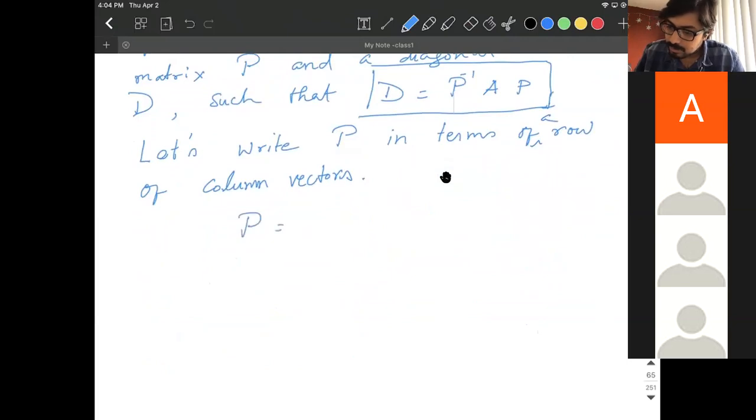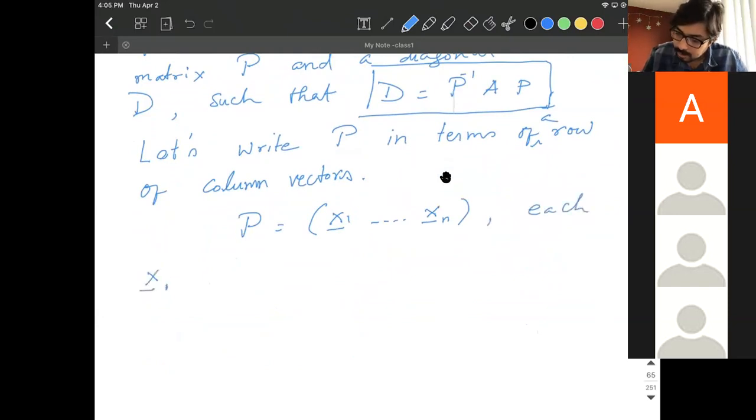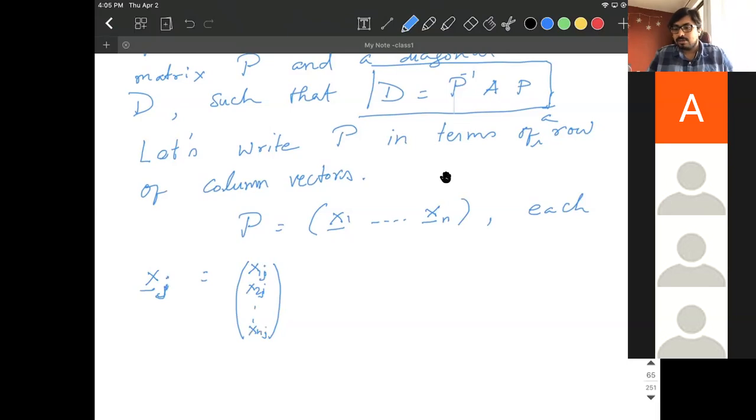So let's say P is of this form. Each xj is a column: x1j, x2j up to xnj. So each element in this row is a vector in itself.